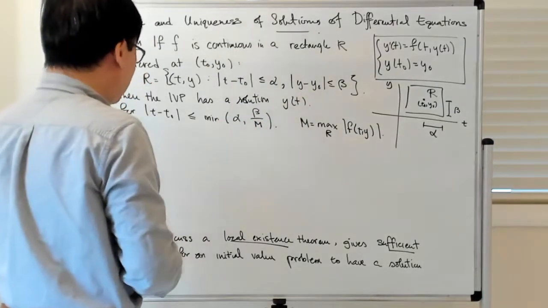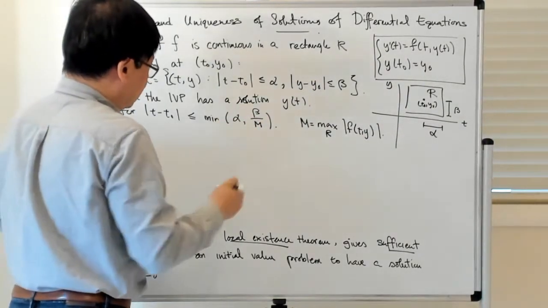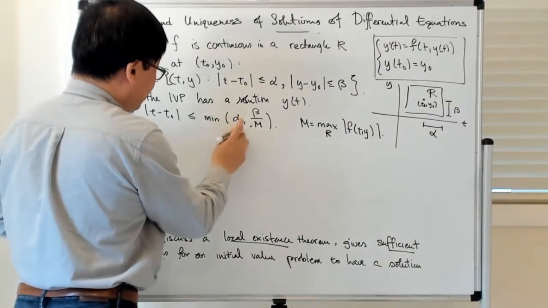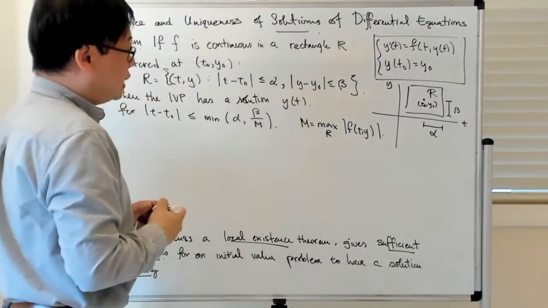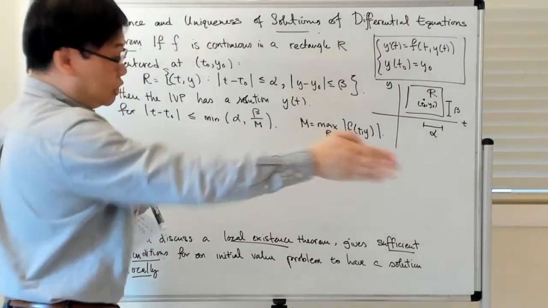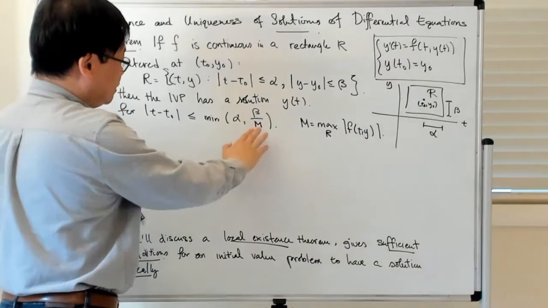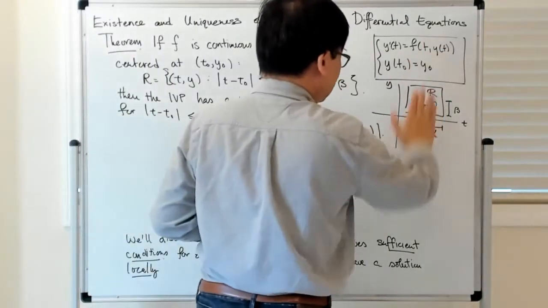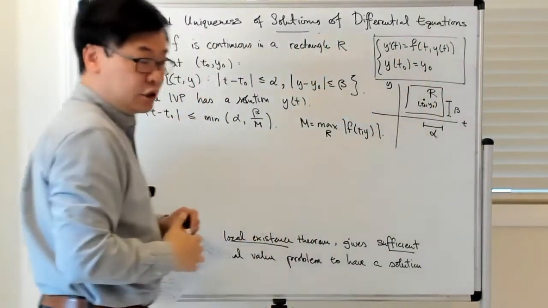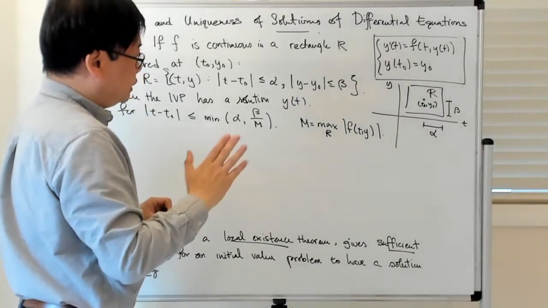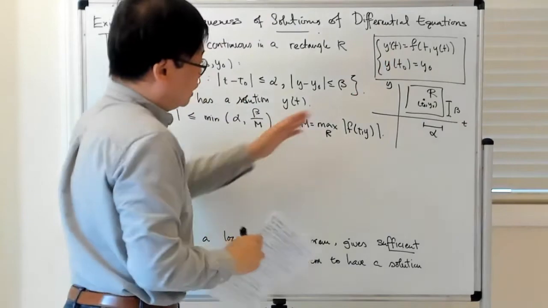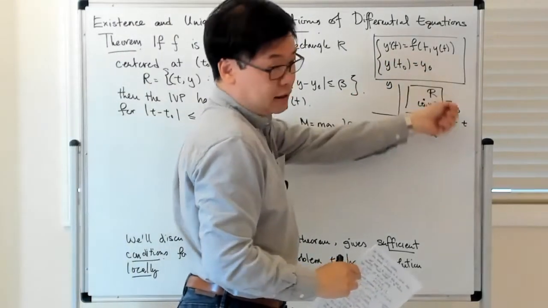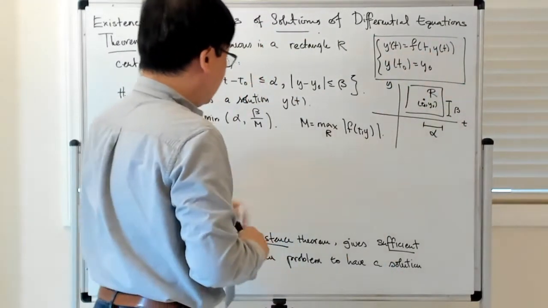So your initial value problem then has a solution which is guaranteed to exist for this minimum of the amount of time it takes to exit the rectangle due to just moving in time, and the possibility of exiting this rectangle in position space because of the velocity or the motion of the solution in y.